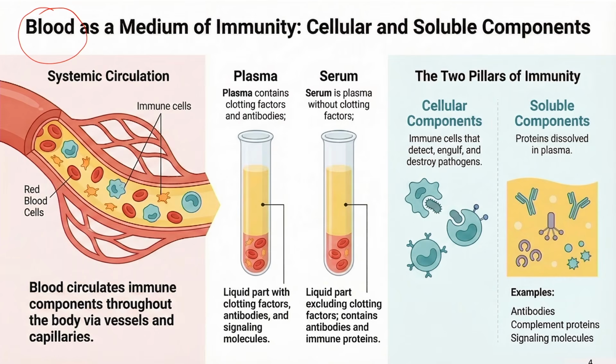So the simple definition of blood is a fluid connective tissue. We generally deal with the cellular or soluble components present in the blood system, so understanding blood is very important.